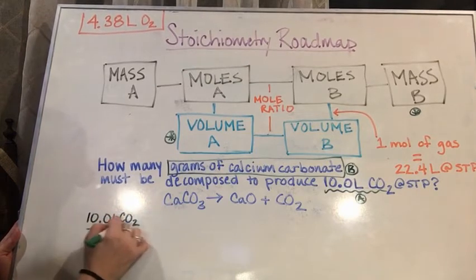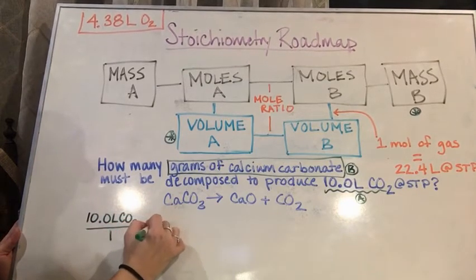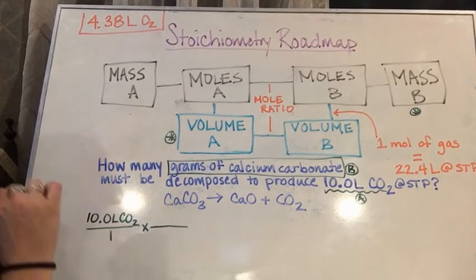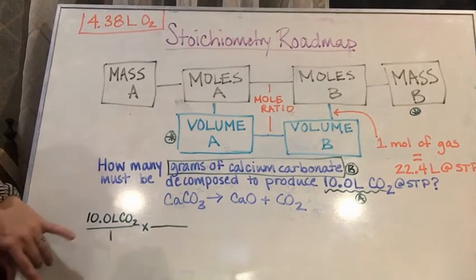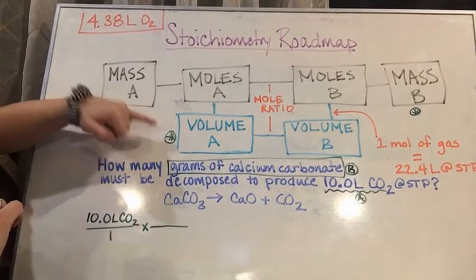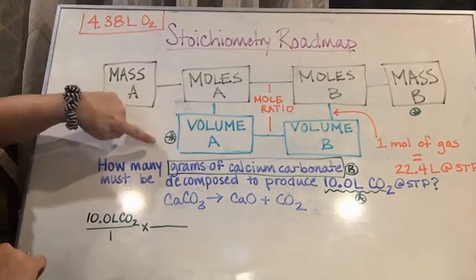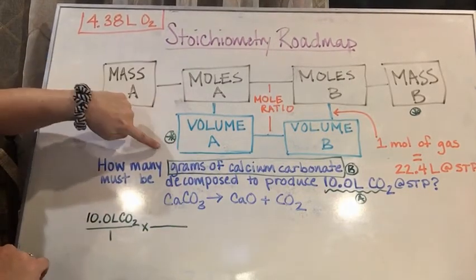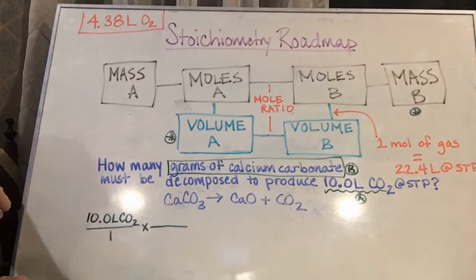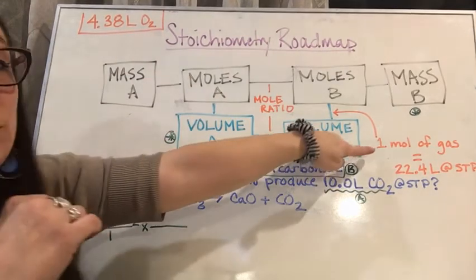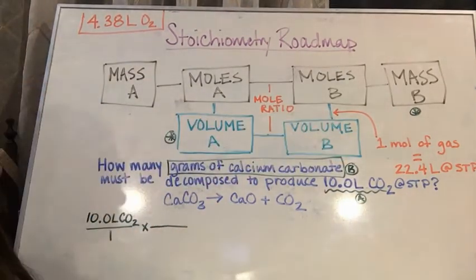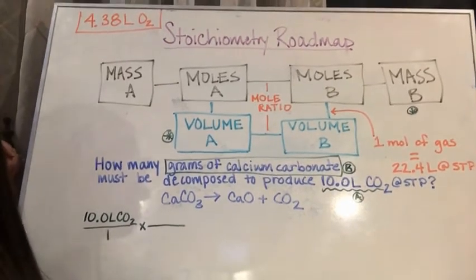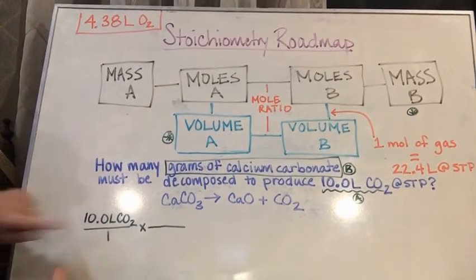And we're going to put that over 1 and make it a fraction. And then we're going to do our first conversion step. So we are converting liters of CO2, that's substance A, into moles of substance A. So liters of CO2 into moles of CO2 using this relationship over here. 1 mole is equal to 22.4 liters. So we start with liters on the top.